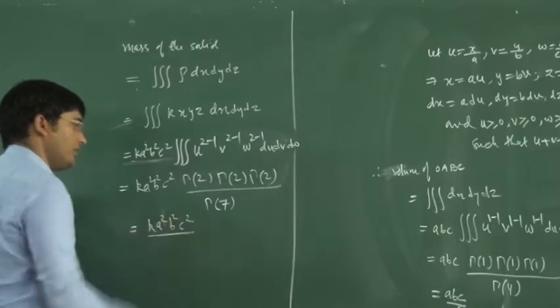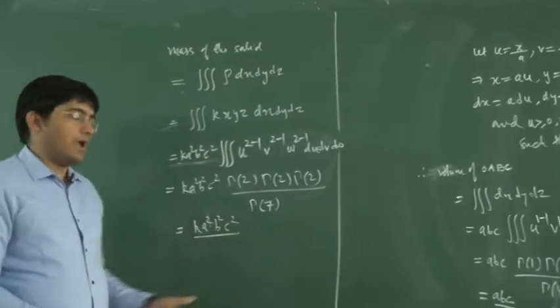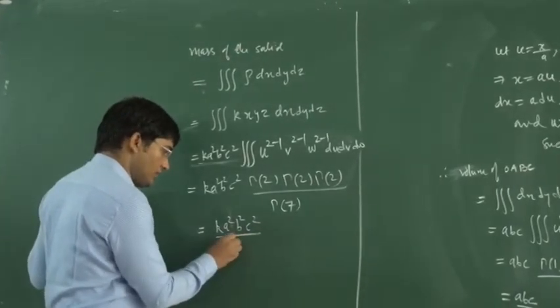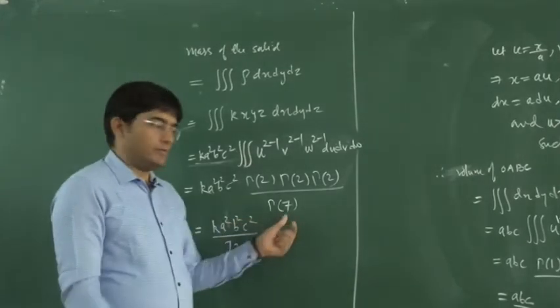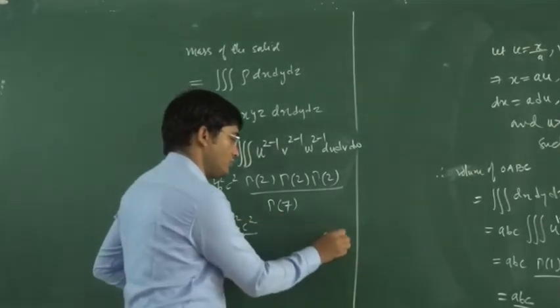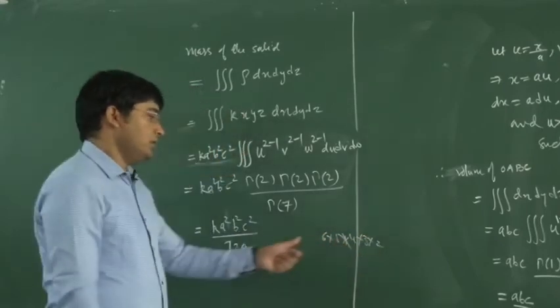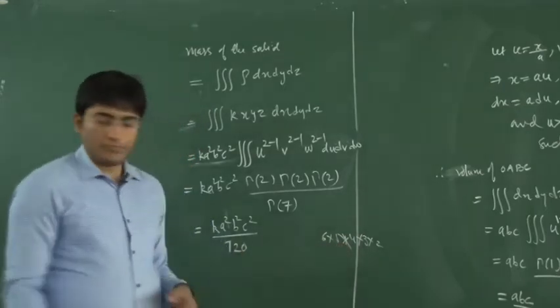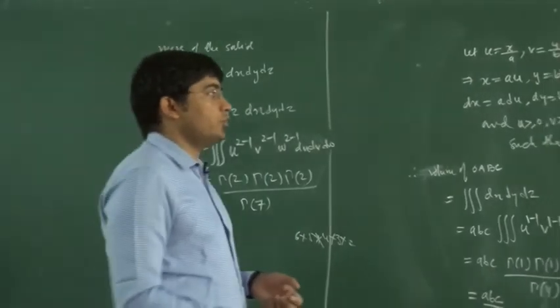Now gamma 7 will be factorial 6, and it is equal to 720, which is 6 into 5 into 4 into 3 into 2. So this is the mass of the tetrahedron OABC.